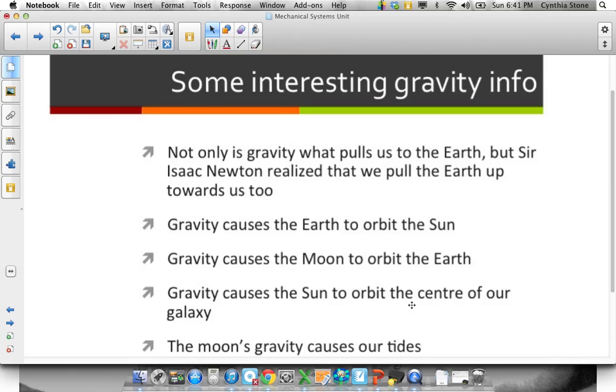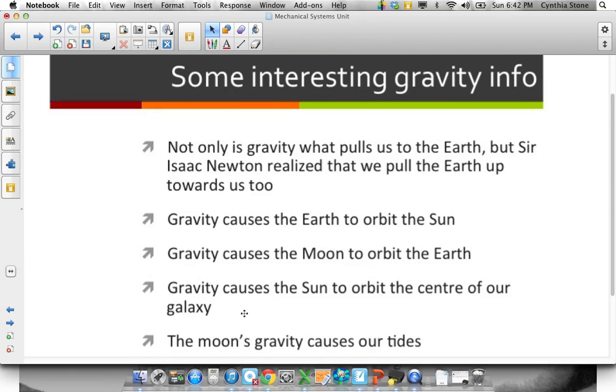I think I should say billions, but I can't remember offhand how many stars are in our galaxy. It might even be in the billions range, but we're just one planet by one of the gazillion stars in our galaxy. And our sun orbits around the center of that galaxy. I think it takes about 250 million years for the sun to orbit the galaxy.